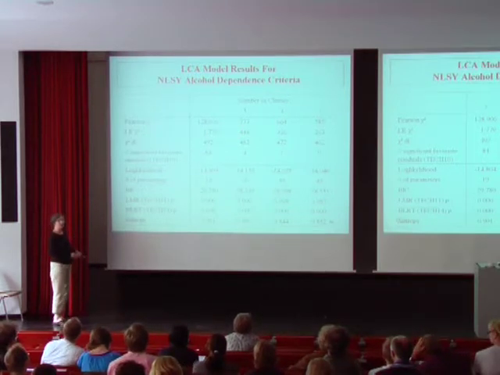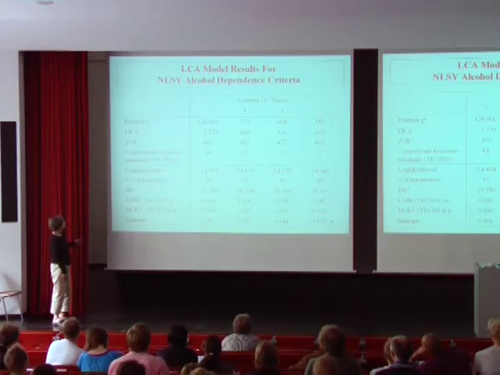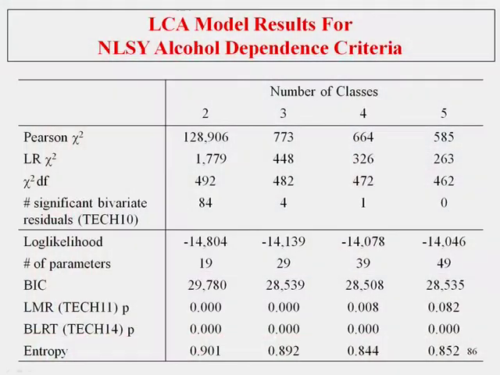Based on that, we decided on the 3 classes. But now we have the number of classes, 2, 3, 4, and 5 for the columns. And for the rows, we have the Pearson chi-square, likelihood ratio, the degrees of freedom, the percent significant residuals from our Tech 10 output, the log likelihood, number of parameters, BIC, Lo-Mendell-Rubin test, Tech 11, bootstrap likelihood ratio test, Tech 14, and entropy.